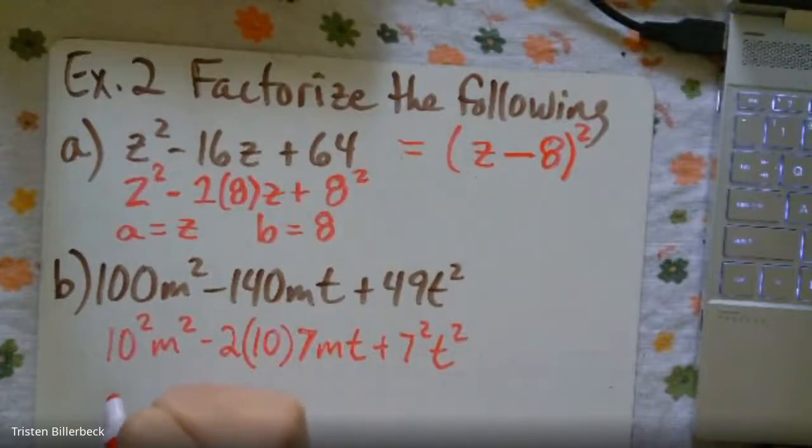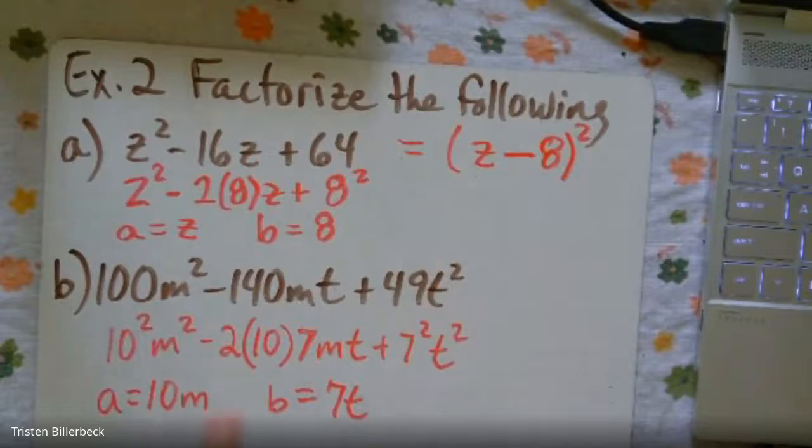Okay, so a would be 10m, because we have 10 and m. Okay, b looks like it's going to be 7t.